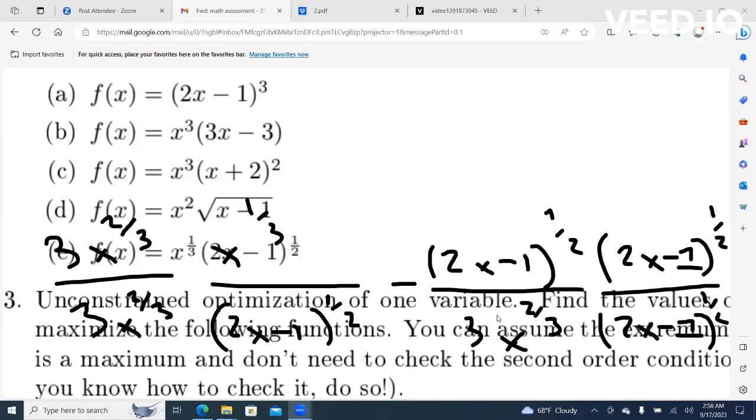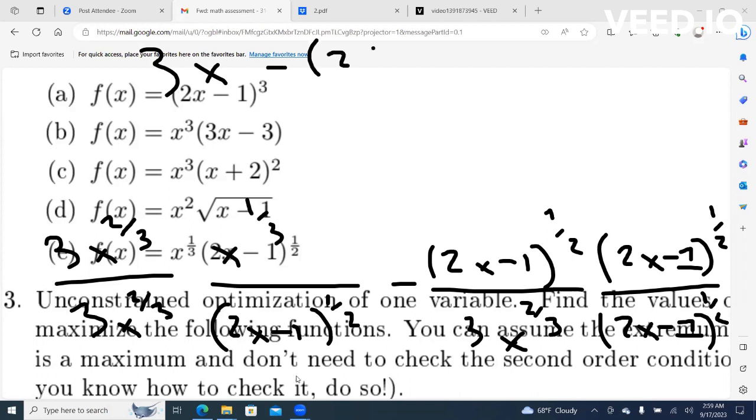Okay, so what do we have? We have 3x to the 2/3. We're going to run out of time in this video. These things take a long time, so we're going to move on to number 3. What do we have right there? That is 3x, if we understand that.